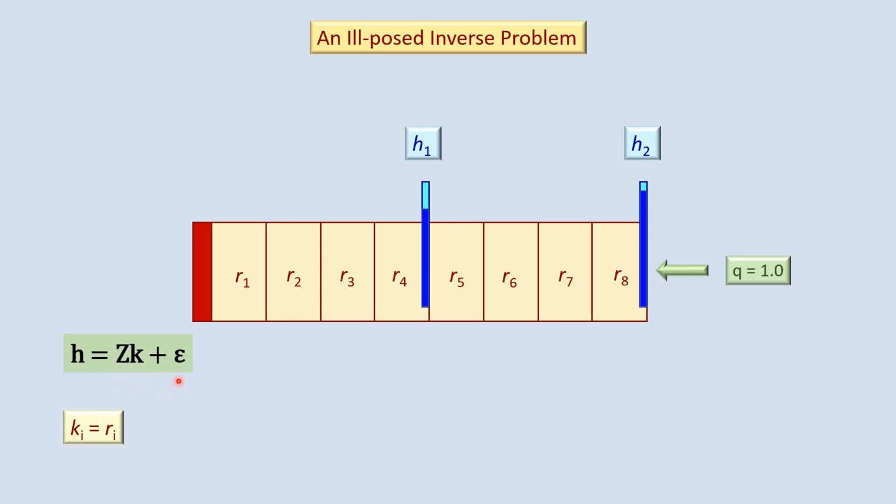In this case, the vector H has 2 elements, H1 and H2. The vector K has 8 elements, R1 to R8, and each one of those R1 to R8 is represented in the vector K. So Ki, the ith element of K, is the ith resistance in my model domain.